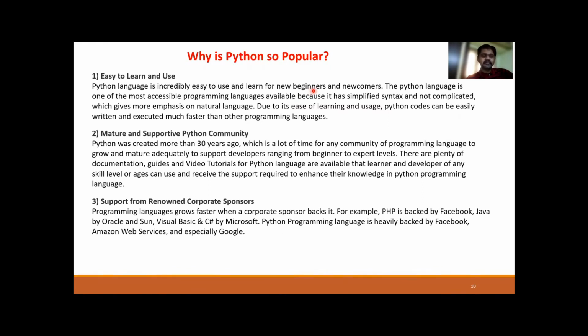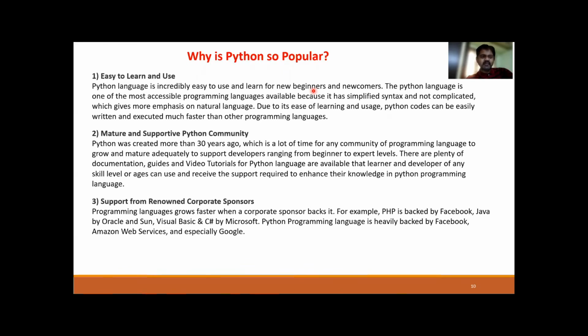Let's take an example. If you want to write a C program, you need to write the logic for it. Even for a simple program, on average you may write some 10 lines of code, and for a complex program you will end up writing 100 lines of code. What about Python then?